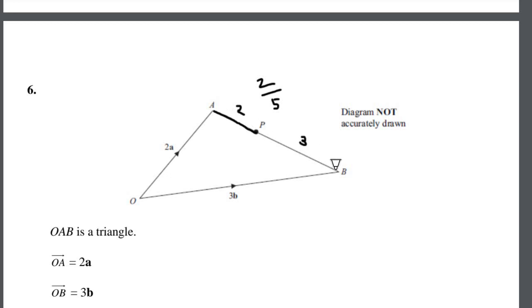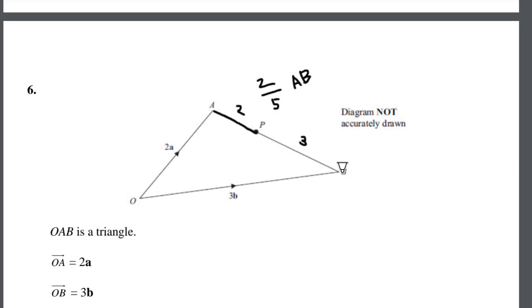So out of 5 parts, 2 parts is AP. So AP will be 2/5 of A to B. I hope that makes sense.